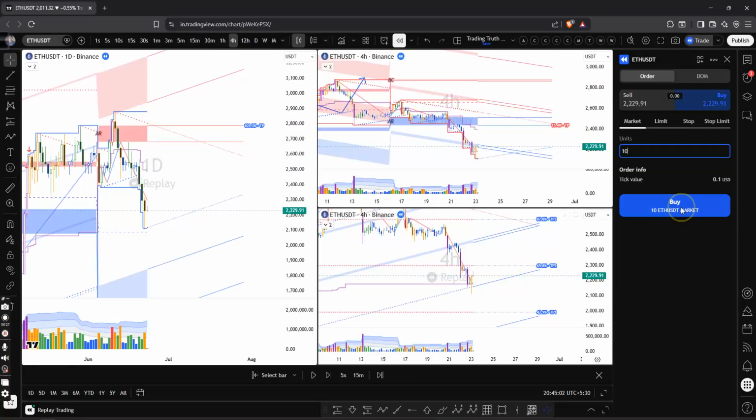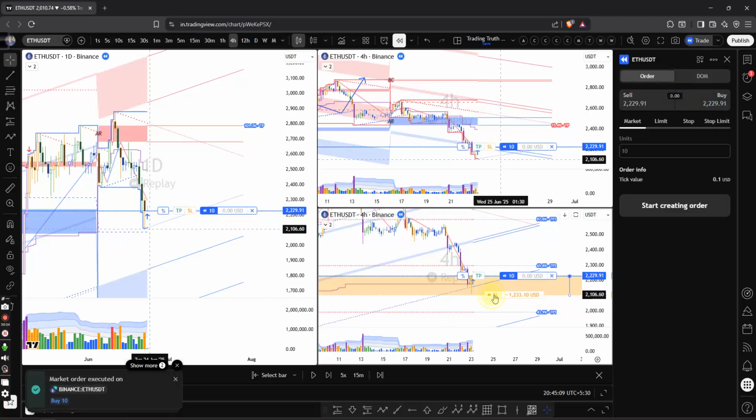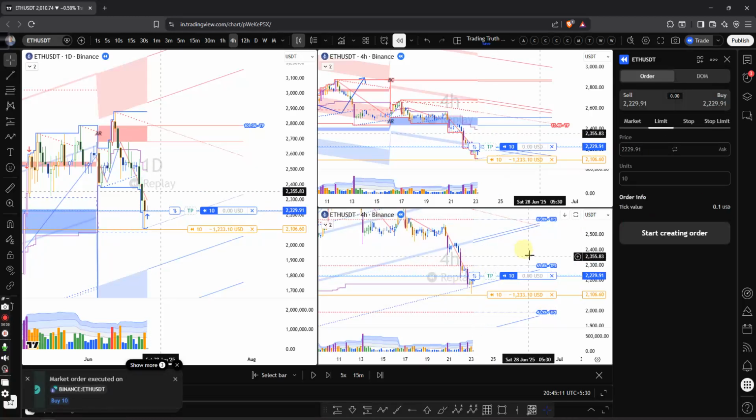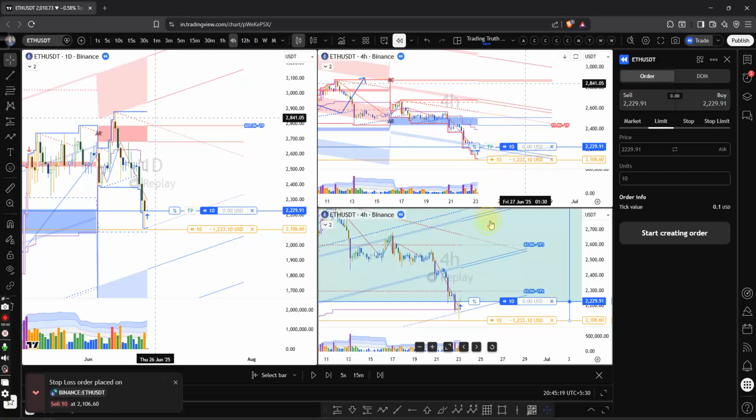Very big candle there, right? I'll put my stop loss there, and put my take profit here, or I'll just put it to this upside one.